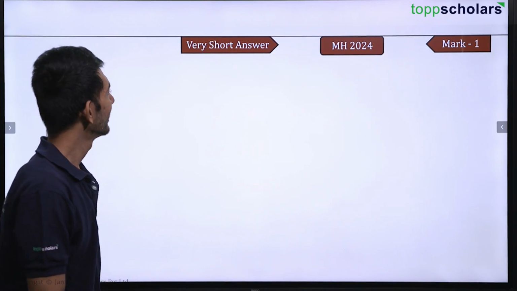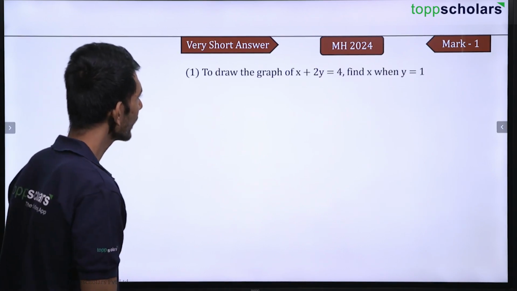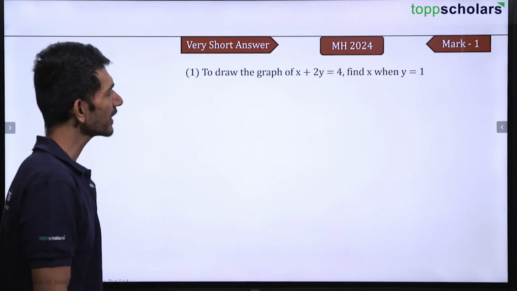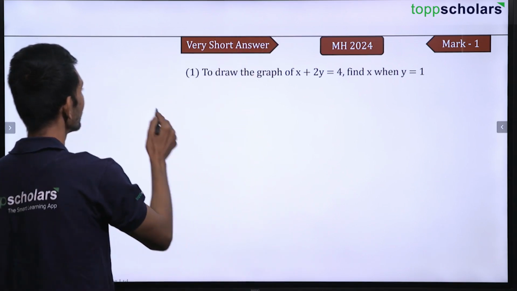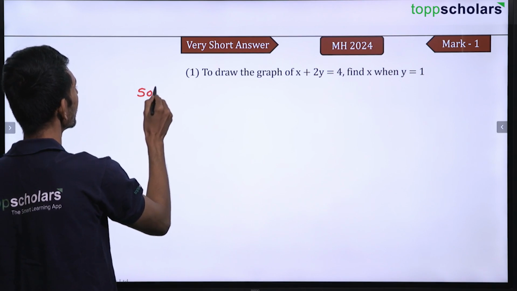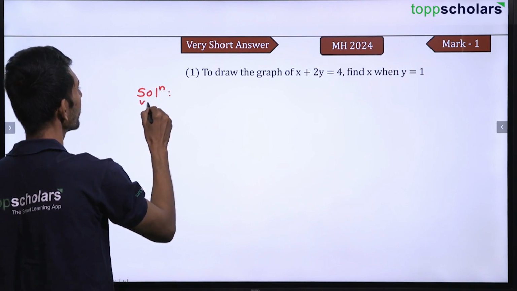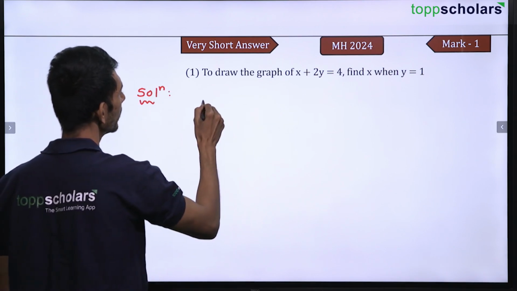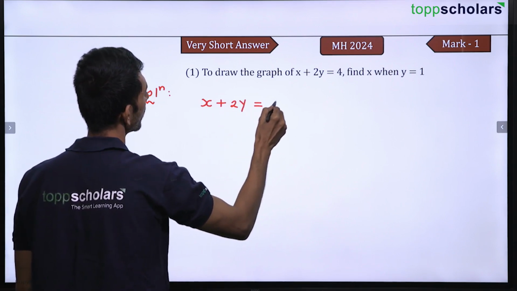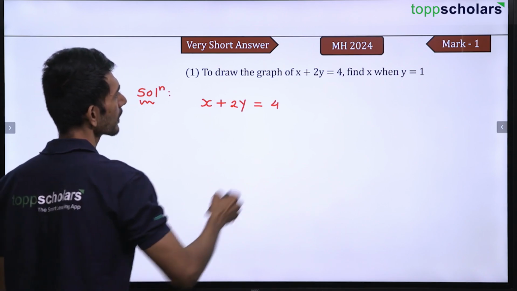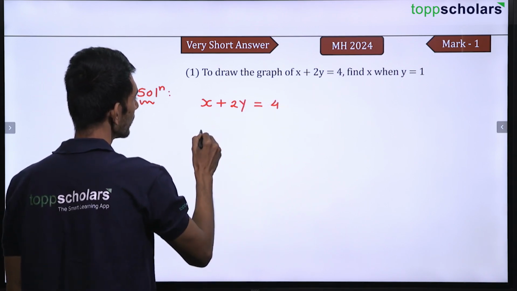Easy? Okay. Let's have a look at a new question. To draw the graph of x plus 2y is equal to 4, find x when y is 1. Now this is very simple, isn't it? We're just supposed to find out the value of x when the value of y is 1. So x plus 2y is equal to 4 and then y is 1.